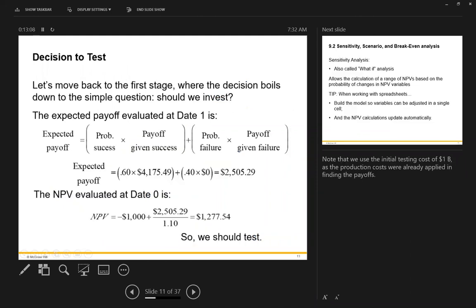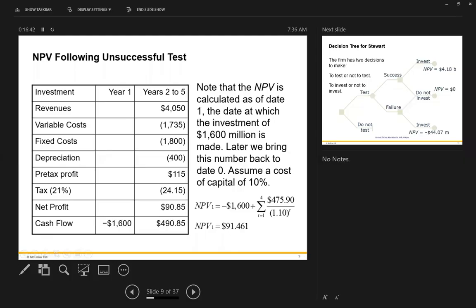So we have to do a little bit more with our testing. Okay, I took a time out there because I wasn't comfortable with the numbers I was seeing on here. And of course they were wrong. First of all, this NPV is a negative 91.461.